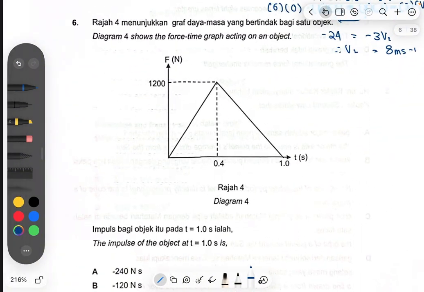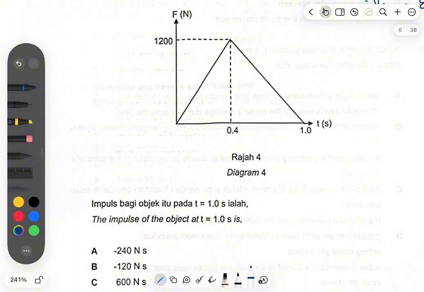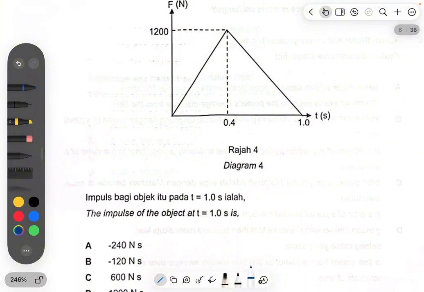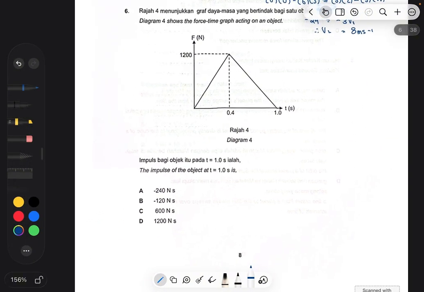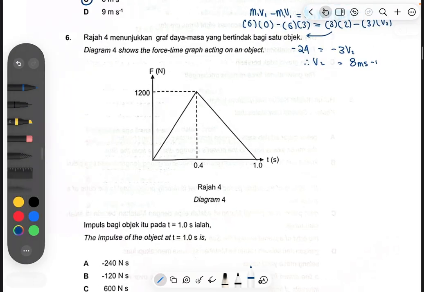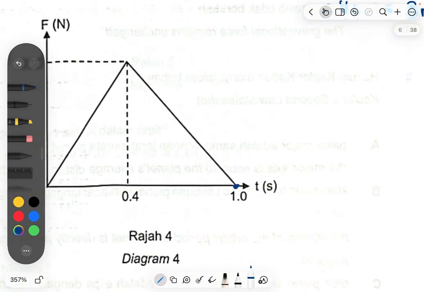Next, diagram 4 shows the force-time graph acting on an object. The impulse of the object at t equals 1.0 is, so they want to find the impulse here.